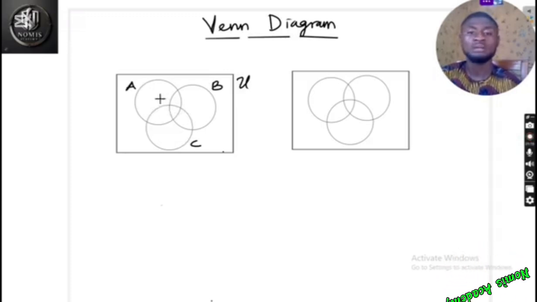We could still have a set whose elements are not in A, not in B, and not in C. What do we call it? Yes, A, B, C complement. So we have A complement, B complement, C complement.